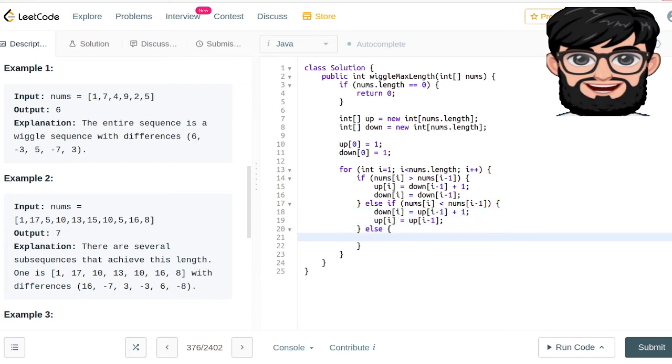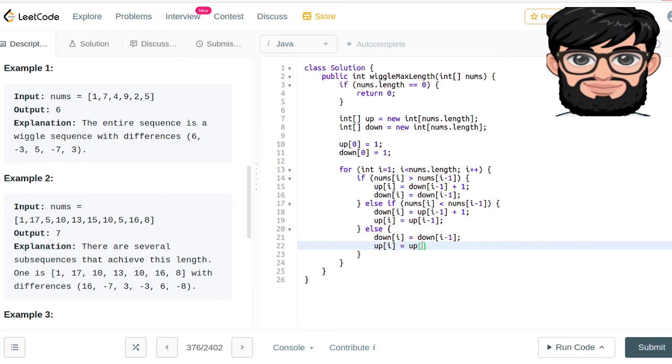Else, when the sequence is not increasing or decreasing, in that case the down and the up are going to stay whatever we had in the previous index.